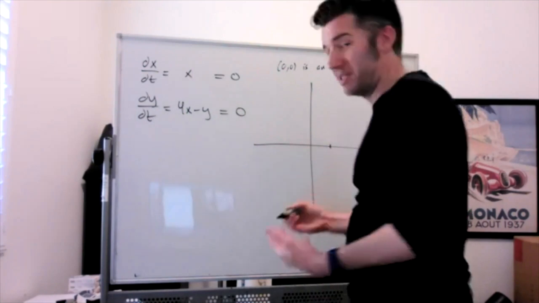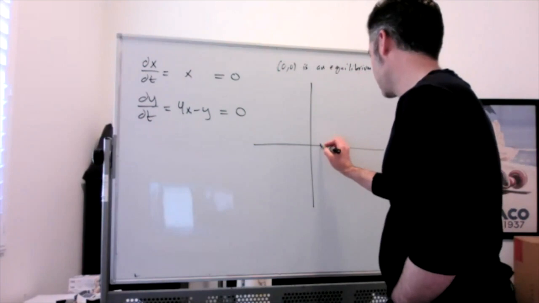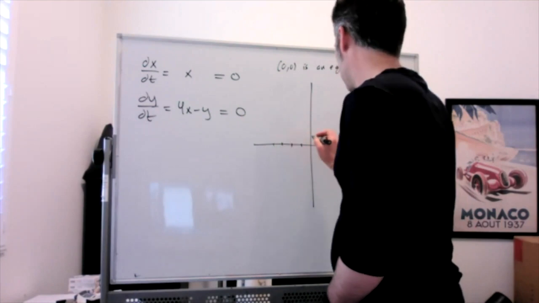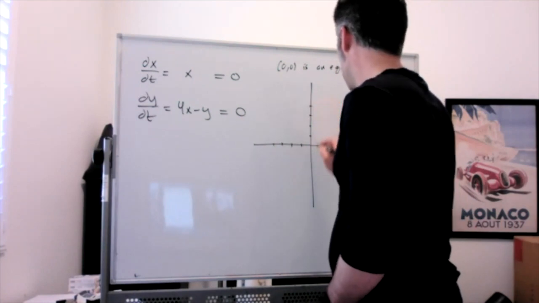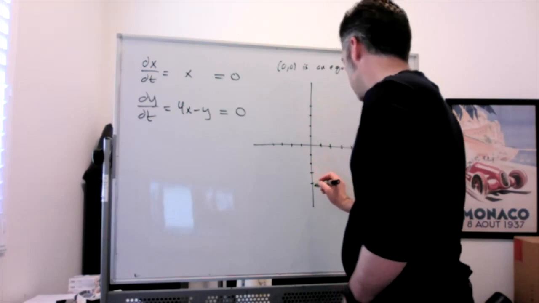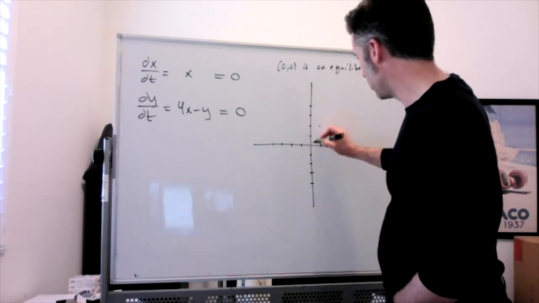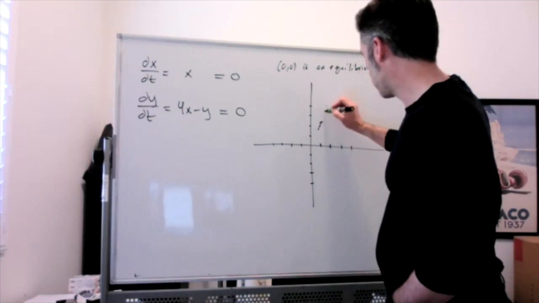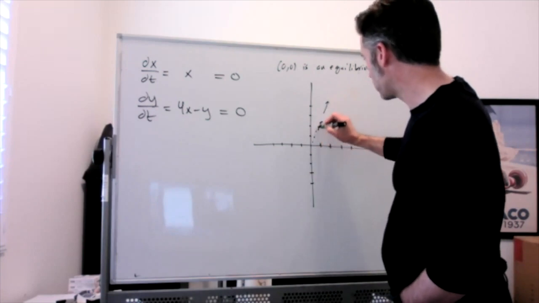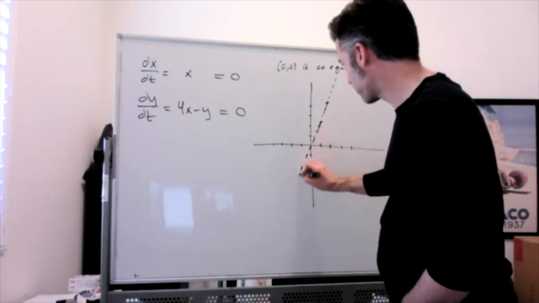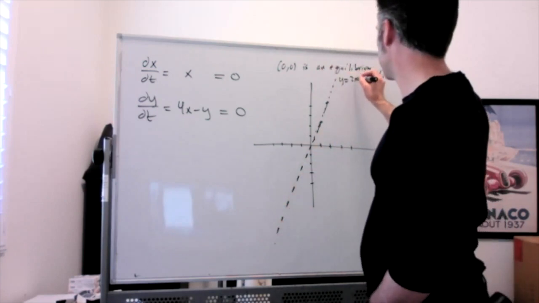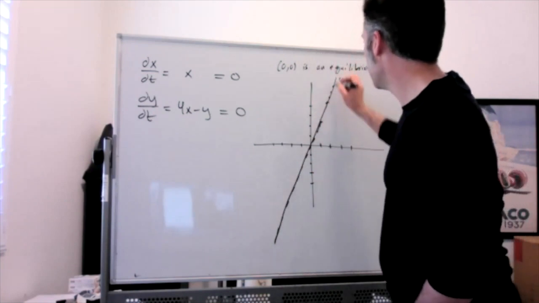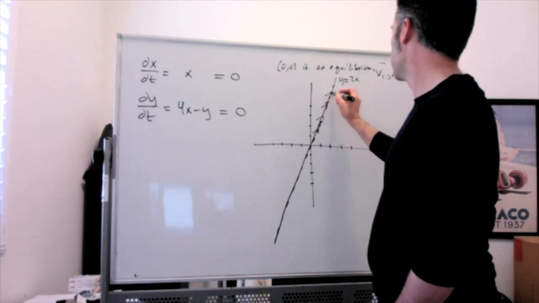Sorry, this is the challenging part, trying to make it look somewhat decent. At the point 1, 2, the vector would be going in the direction of 1, 2. At the point 2, 4, the vector would be going in the same direction. These are all in the direction of the line y equals 2x. But usually we just draw it as a line, and the arrows point outward.